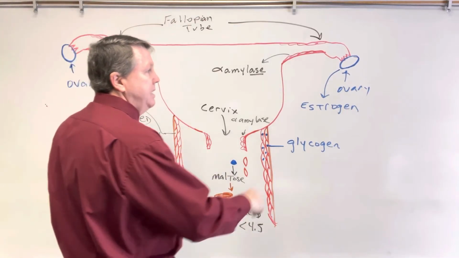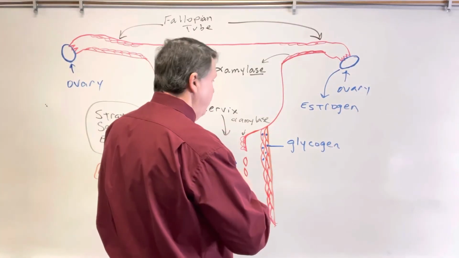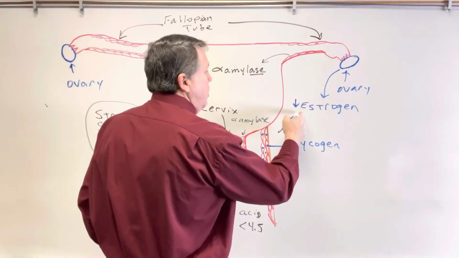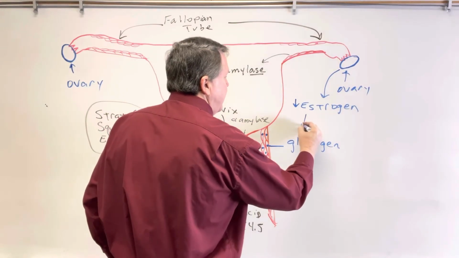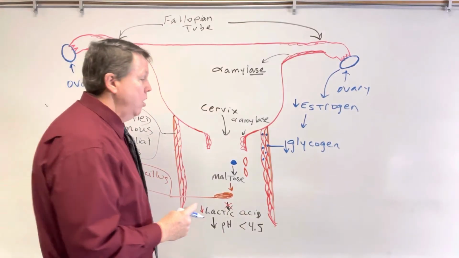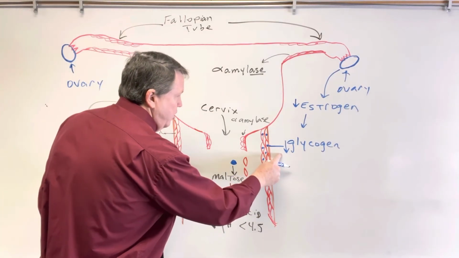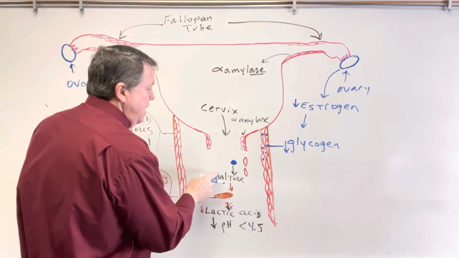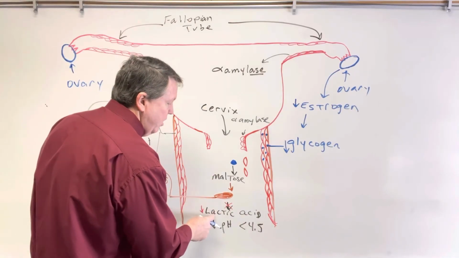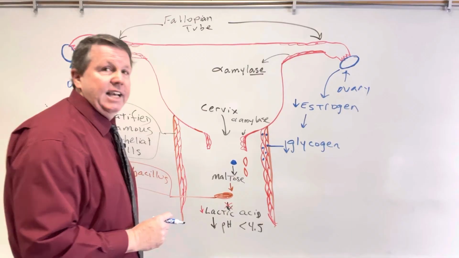That's one thing. Second thing is, as women get older, the amount of estrogen they have decreases. When you decrease the amount of estrogen, that's going to lead to a decrease in the amount of glycogen being stored. When you decrease the amount of glycogen, you're going to have a decrease in the maltose. And when you have a decrease in maltose, you're going to have a decrease in the amount of lactic acid.